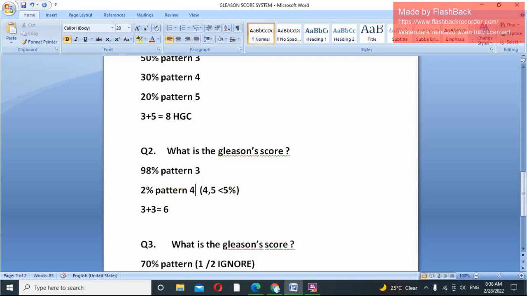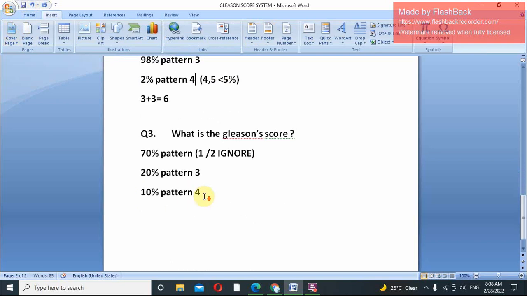Okay, now in the case of the third question, there is a 70% pattern of 2, a 20% pattern 3, while 10% pattern 4. So over here, how can we solve this? We know that there is nothing in Gleason scoring for pattern 2 and pattern 1, so just ignore pattern 1 and pattern 2 if you get such a question.